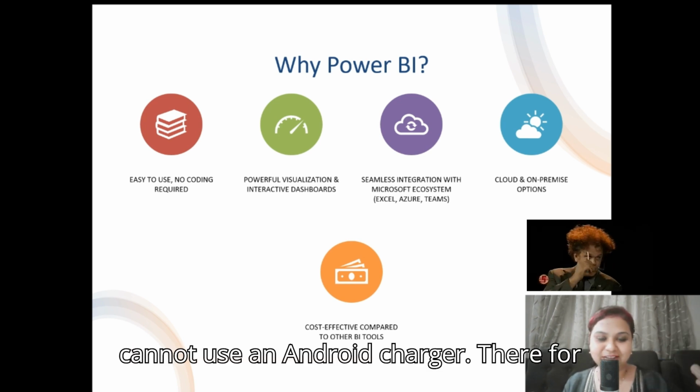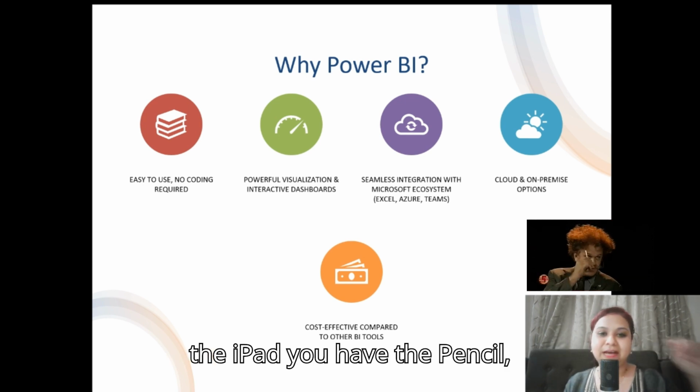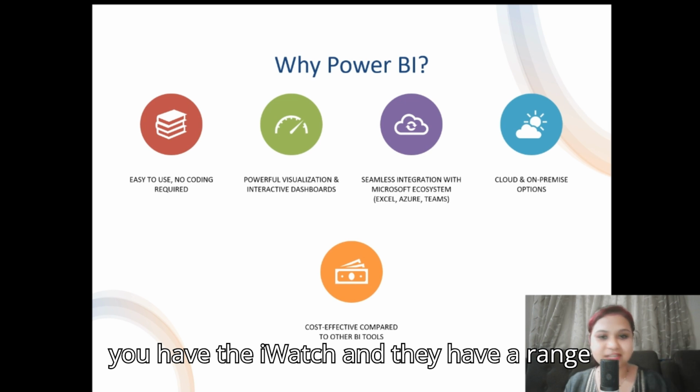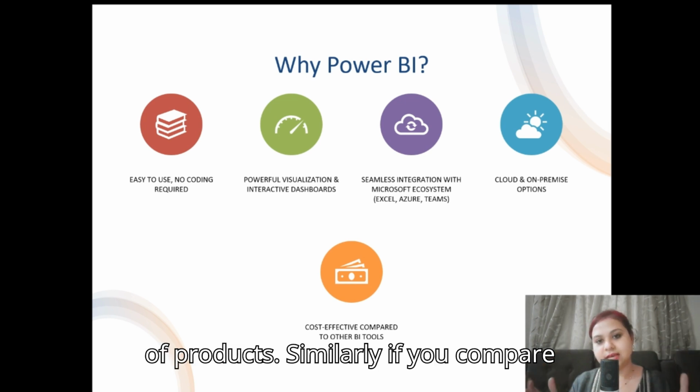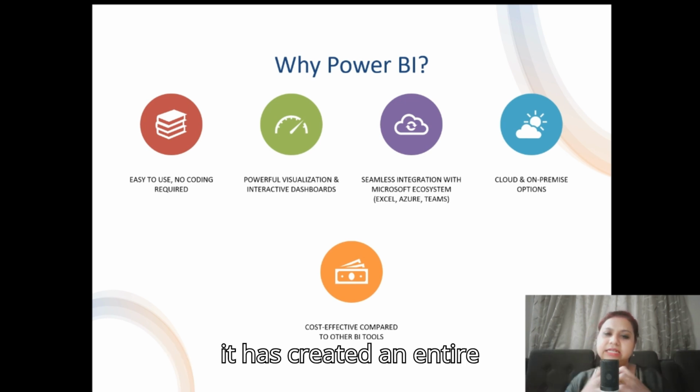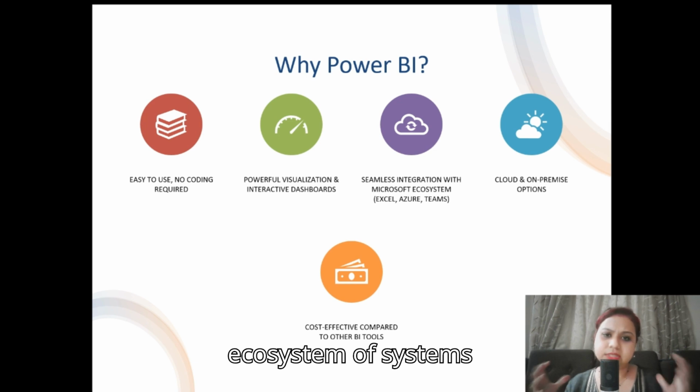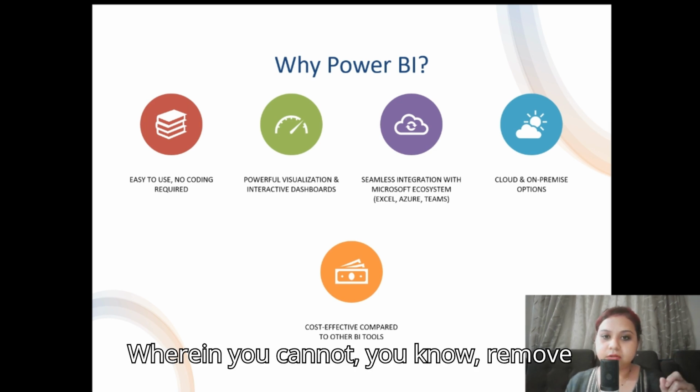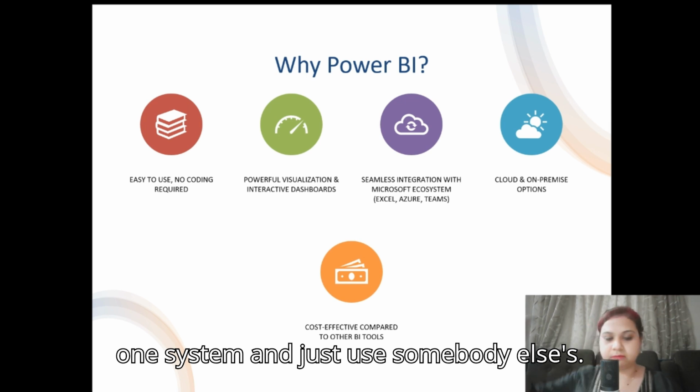You cannot use an Android charger. For the iPad you have the pencil, you have the watch, and they have a range of products. Similarly, Microsoft has created an entire ecosystem of systems wherein you cannot remove one system and just use somebody else's.